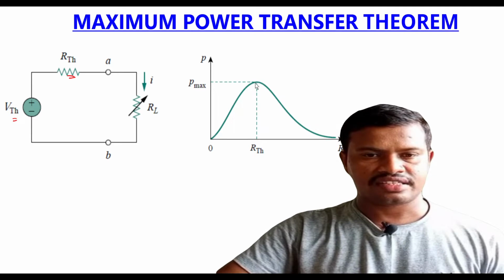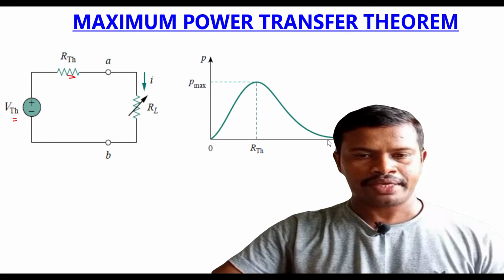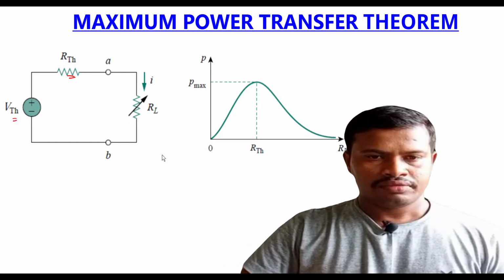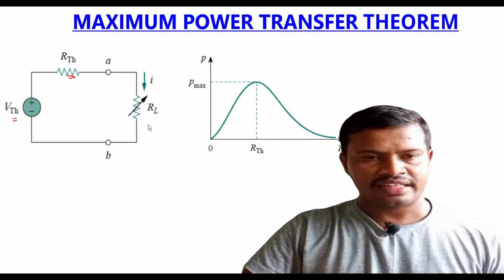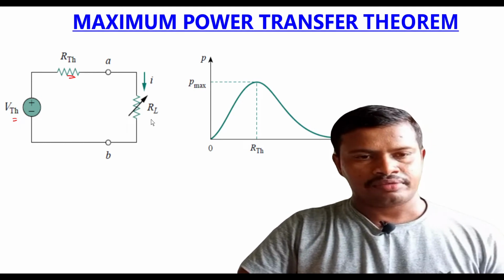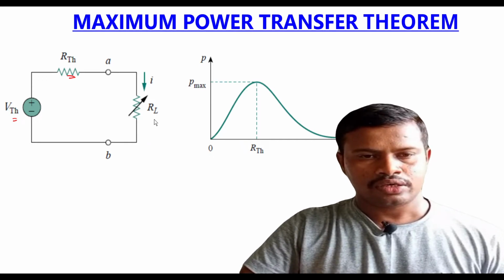Thereafter, if the load resistance increases, the power starts dropping, as we see in the graph. Now we will see how to calculate the power delivered to the load, and then we will prove the maximum power will be delivered to the load only when the source resistance is equal to the load resistance.